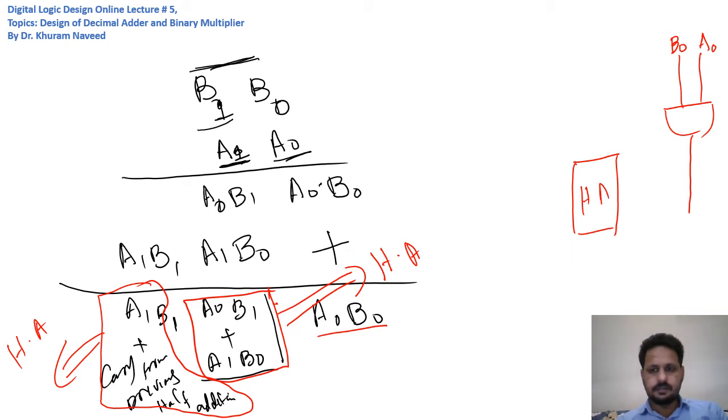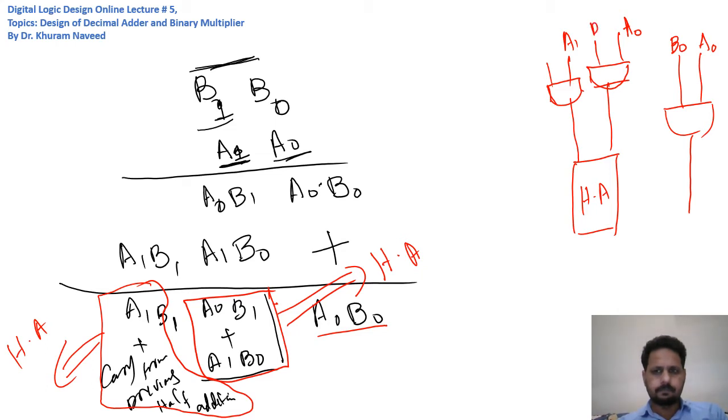We have this half adder that adds two inputs, where this is the AND gate, right?